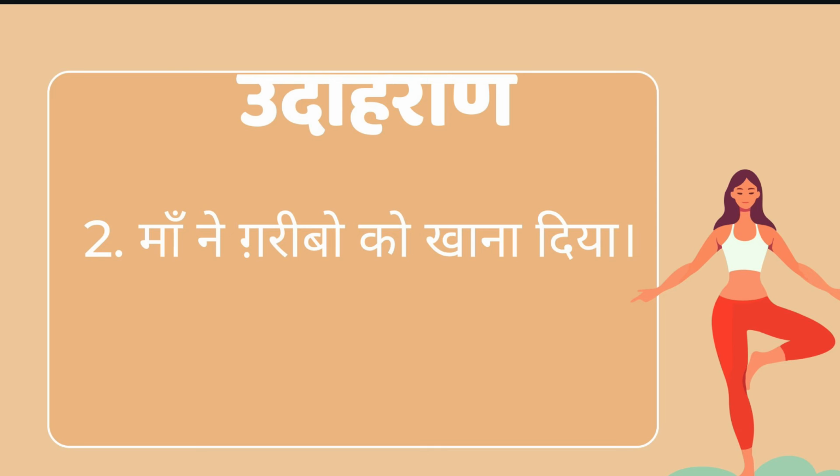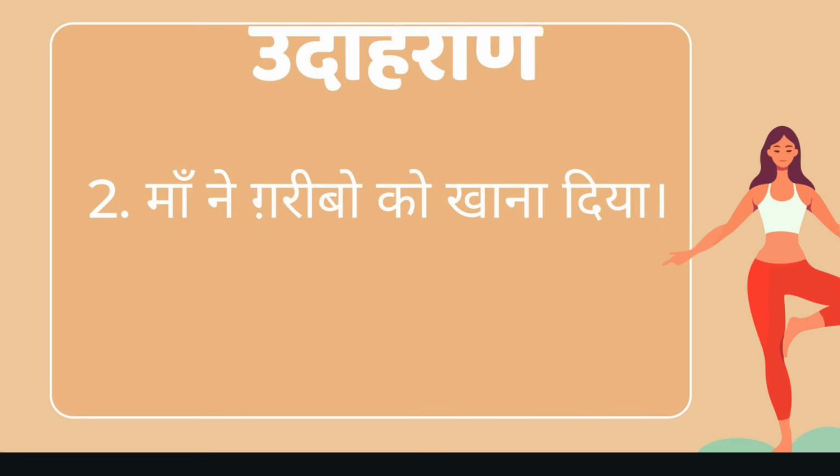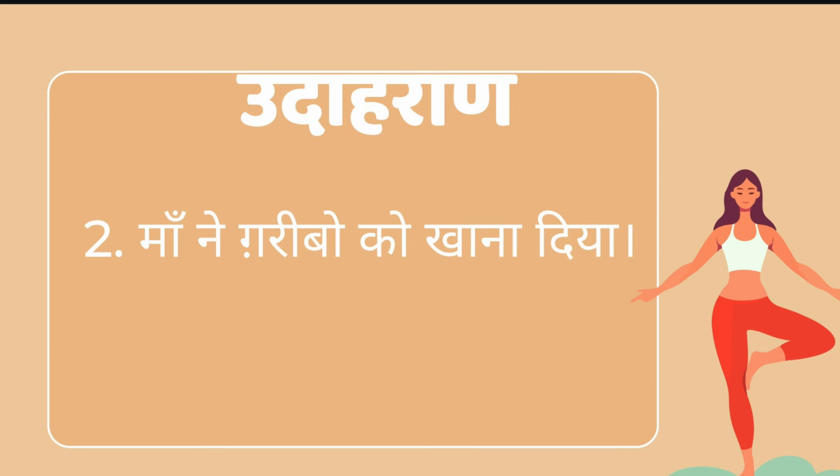Let's learn the udharan for ko. Now let's understand how to use sampradan-karak, and that is ko. So when the subject gives something to noun or pronoun, we use ko.